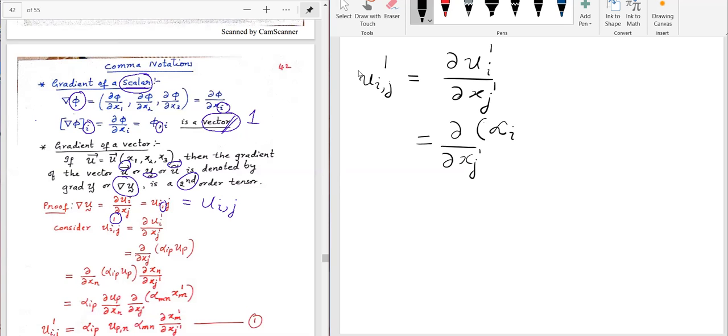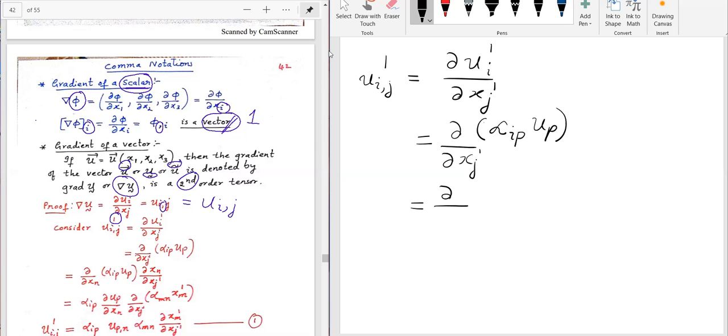In the notes we have taken it as p. So alpha ip up, close the bracket. Now up is in the old coordinates, without dash, and ui dash is in new coordinates. Without dash is old coordinates.